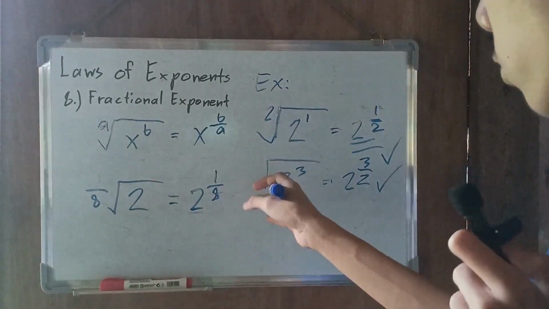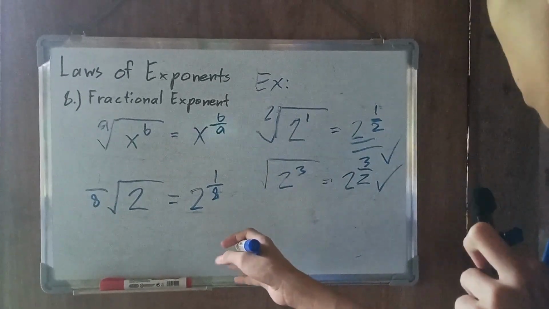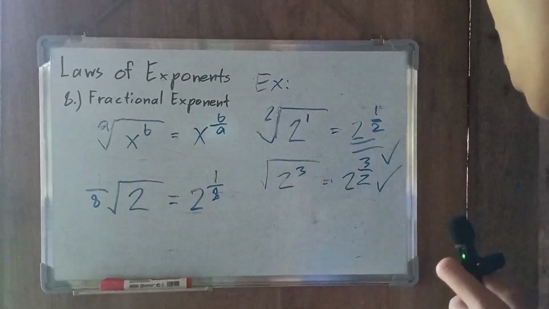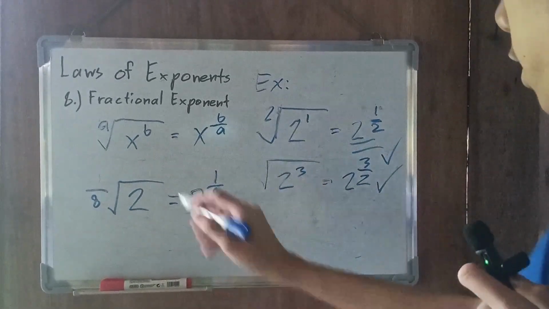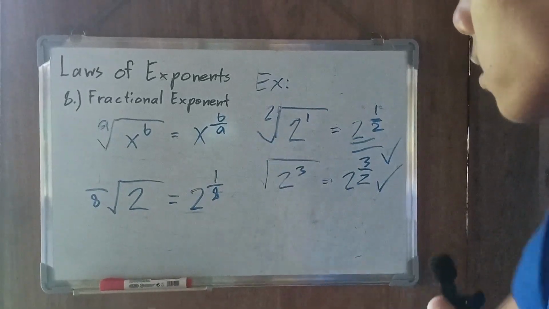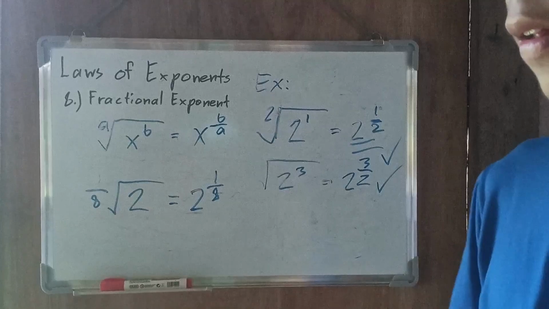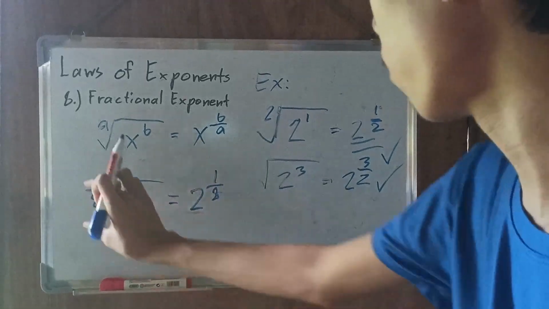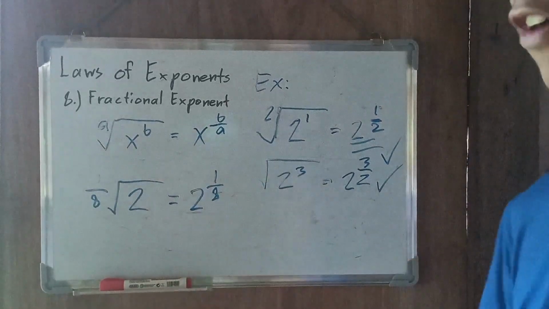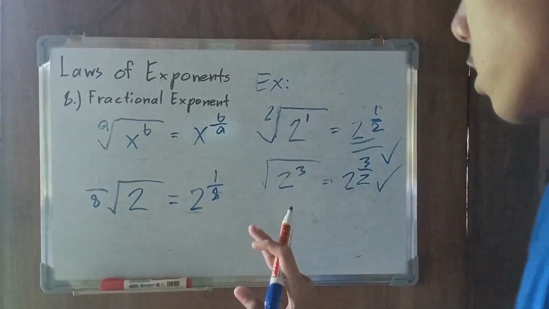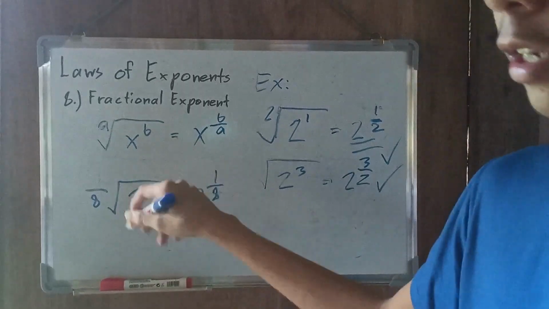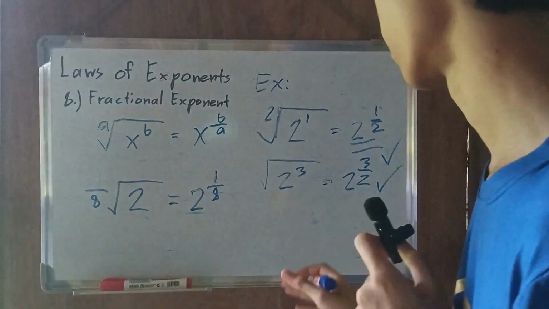This is the fastest way to solve it: if the index itself is a fraction, you can just put 2 and then the 1/8 here. That would be your final answer, unless its degree is just 1.